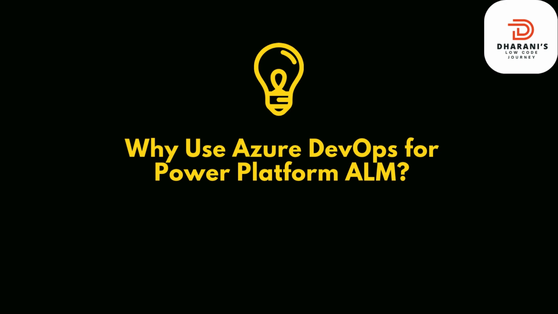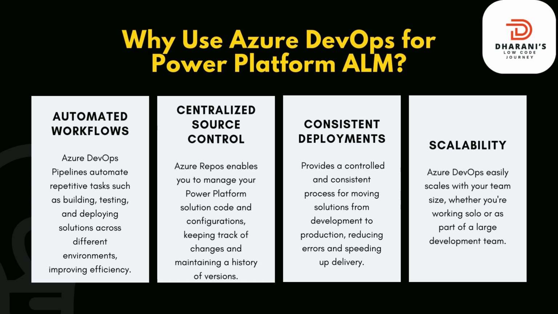So you might be wondering, why should we use Azure DevOps for managing ALM, the Application Lifecycle Management, in Power Platform? Let's break down some key reasons why this has become a game changer. First, it's all about automation. With Azure DevOps, you can automate routine tasks like exporting, importing, and deploying Power Platform solutions.